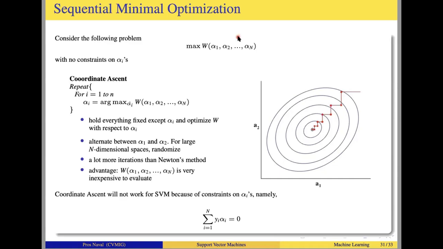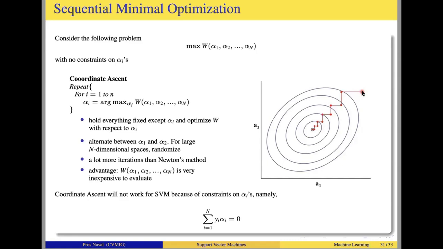So if we don't have constraints on the alphas, one good algorithm to use is the coordinate ascent algorithm. What is the idea behind the coordinate ascent algorithm? The idea is the following: we choose a particular dimension, say we're here. Okay, this is the optimal point. We're here.